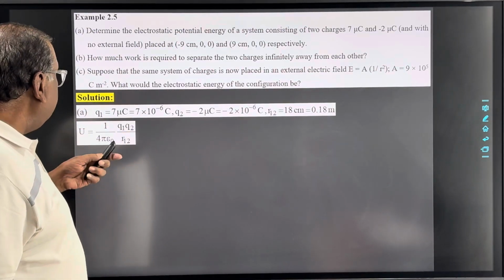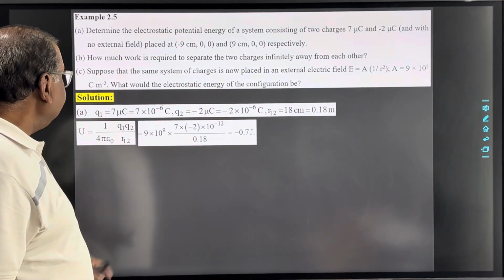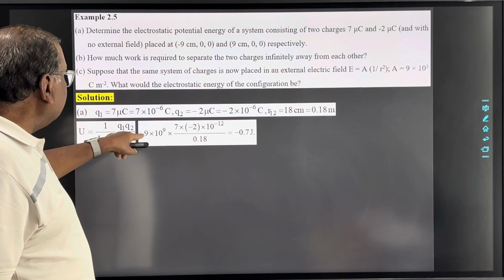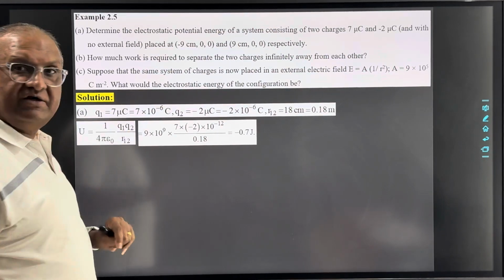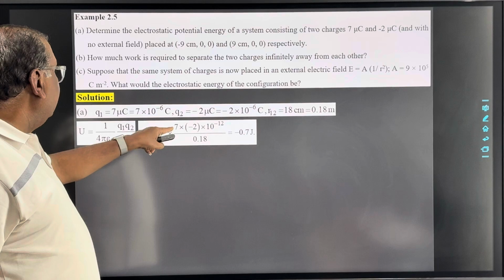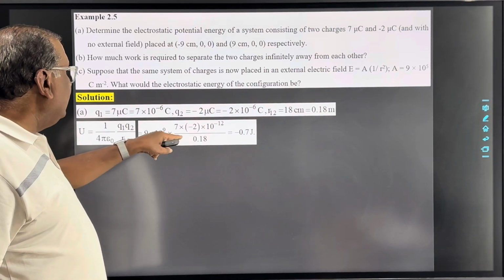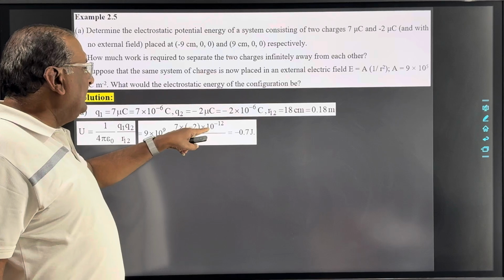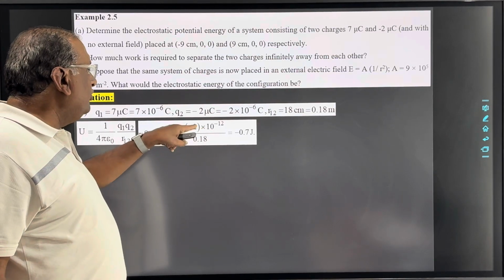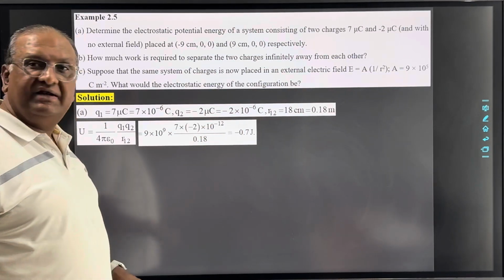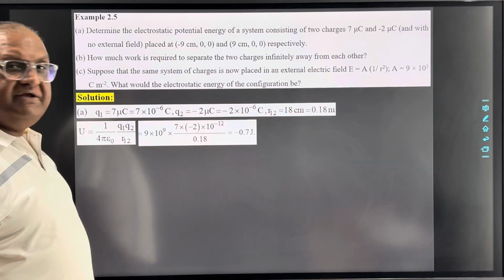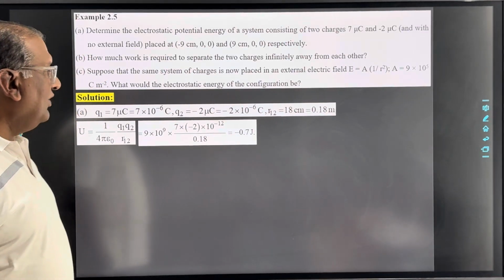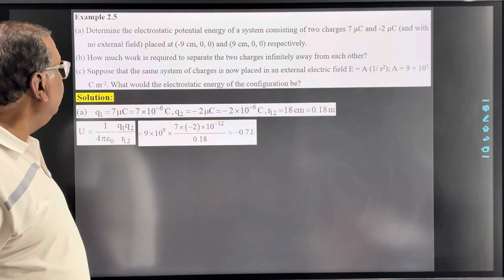Now, if we substitute all these values here, then k, that is, or 1 upon 4 pi epsilon 0, that is 9 into 10 raised to 9. Then 7 into 10 raised to minus 6, minus 2 into 10 raised to minus 6. So, directly we can write 7 into minus 2 into 10 raised to minus 12, divided by 0.18, your answer turns to minus 0.7 joule.